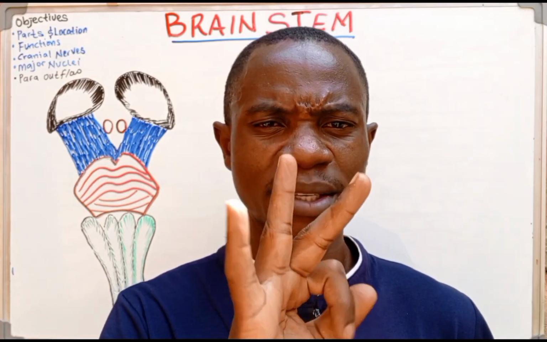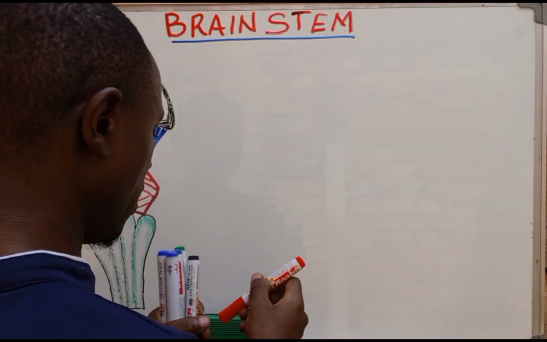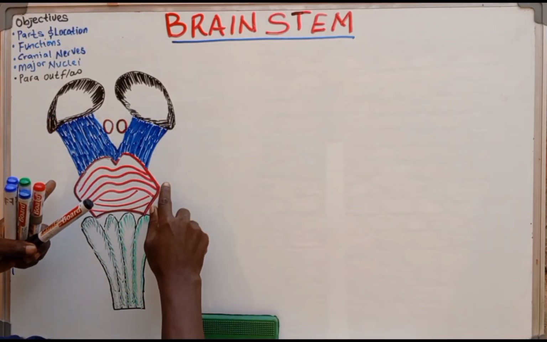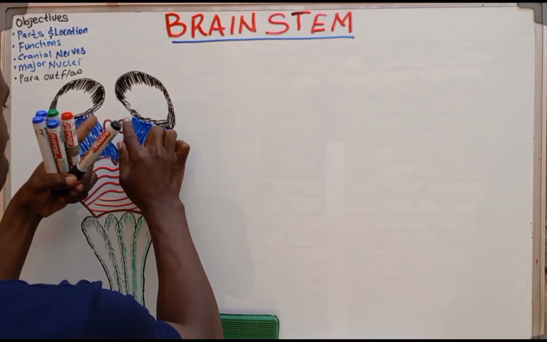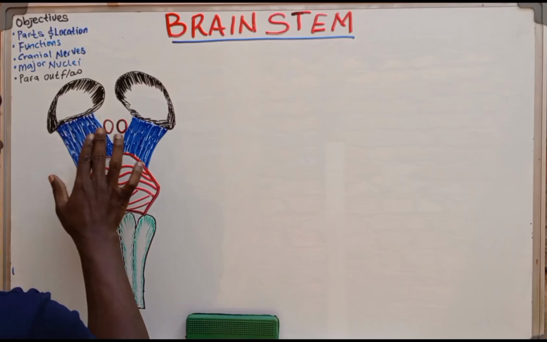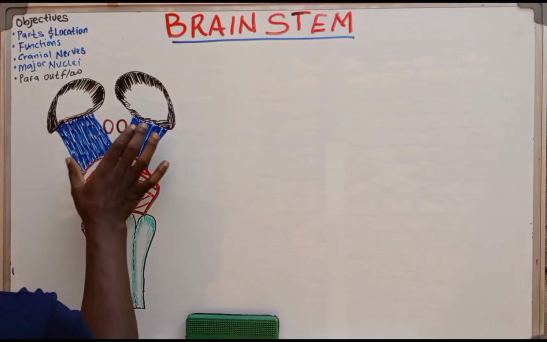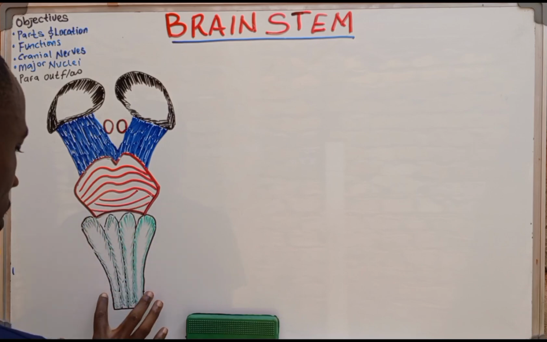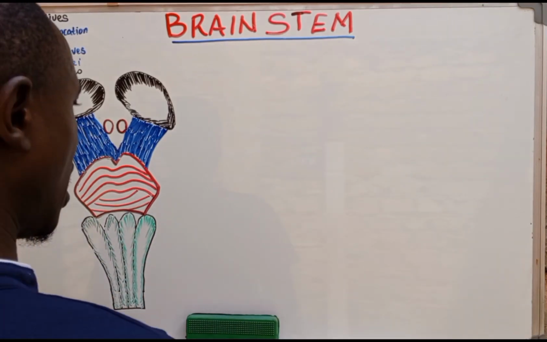Mainly, there are three parts. If you see the whole of this structure here, it makes up the brainstem. It has this first part here, which is in blue, this part here, which is in red, and then this part here, which is in green.